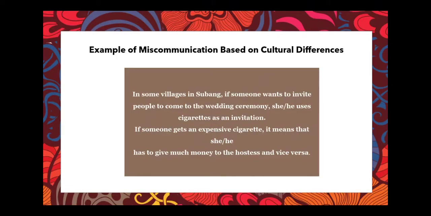Here's an example of miscommunication based on cultural differences. In some villages in Subang, if someone wants to invite people to come to a wedding ceremony, she or he uses cigarettes as an invitation. If someone gets an expensive cigarette, it means that she or he has to give much money to the hostess, and vice versa.